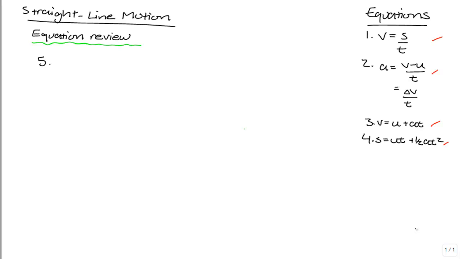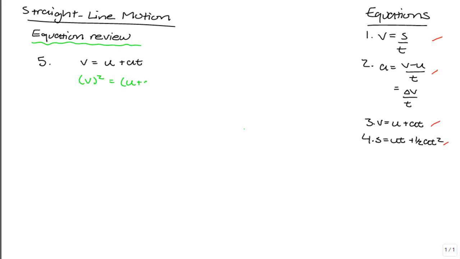So for equation 5, we're going to start with equation 3. v equals u plus at. Right? Next, we're going to square this equation. And by squaring it, we just mean multiplying it by itself. So we have v squared equals u plus at all squared.